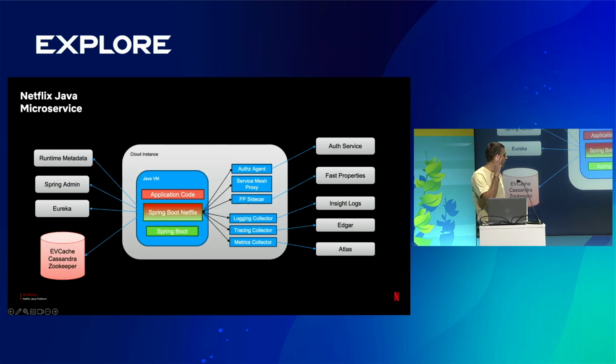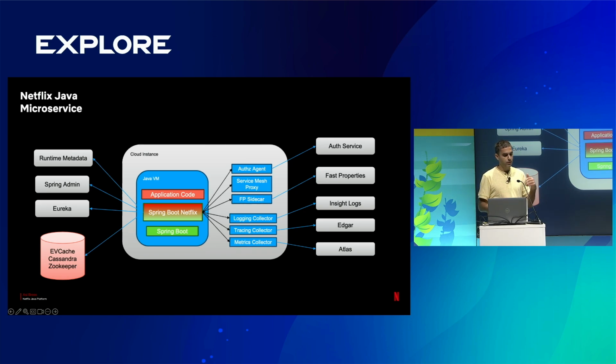And this is a bird's eye view of how a typical Java microservice will look at Netflix. We have the Java process, the JVM. Spring Boot Netflix, as I mentioned, is built on top of Spring Boot. And on top of that is the application-specific code, the business logic needed to power a certain use case.